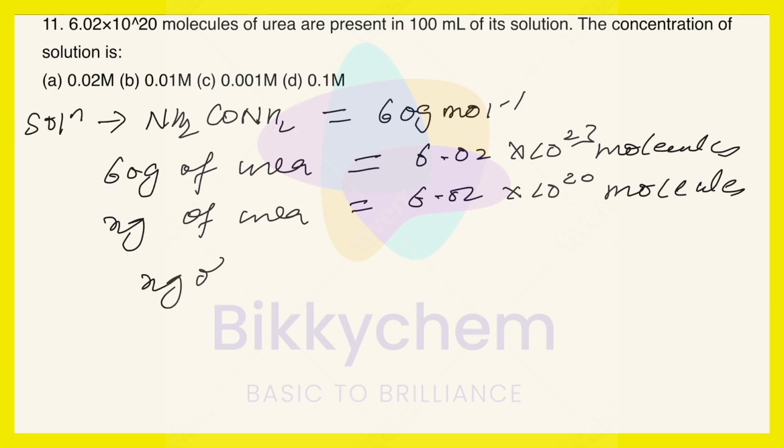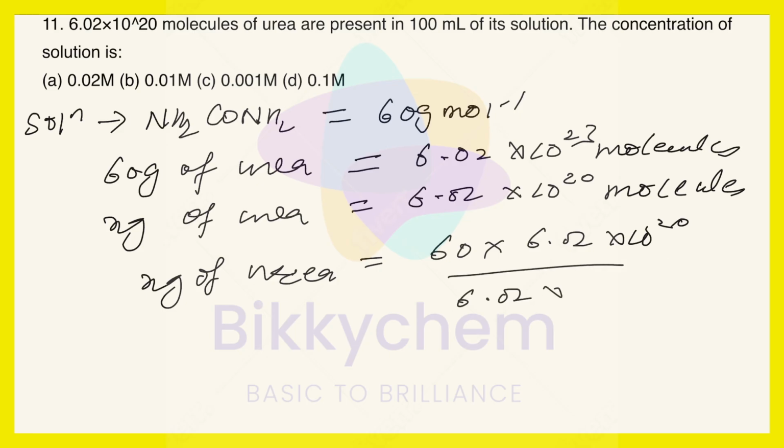So x gram of urea equals 60 into 6.02 into 10 to the power 20 divided by 6.02 into 10 to the power 23 molecules. So cancel.